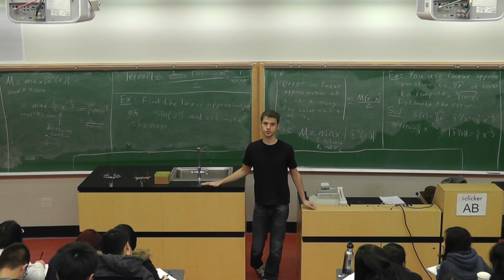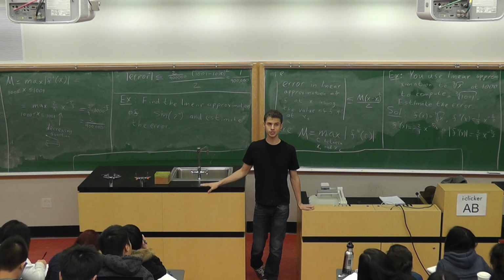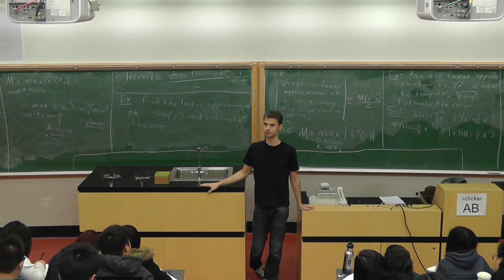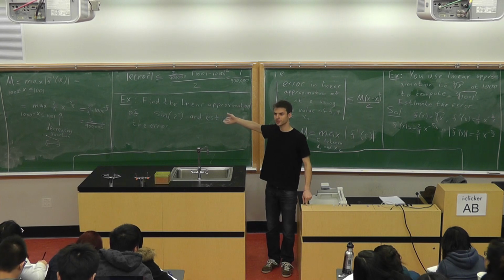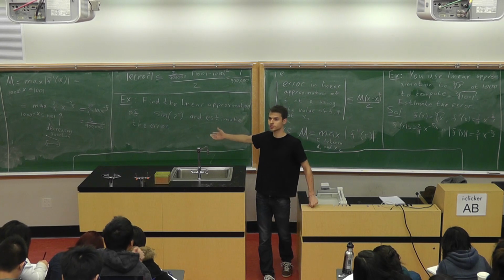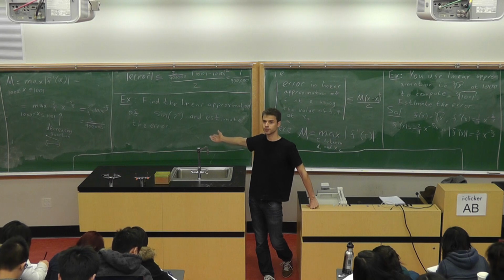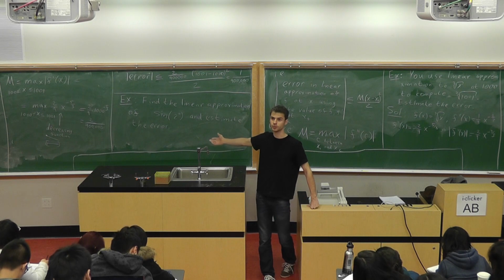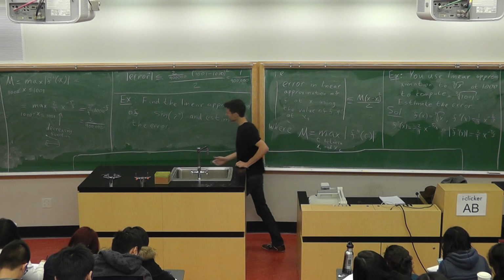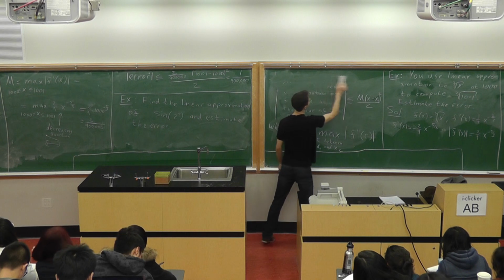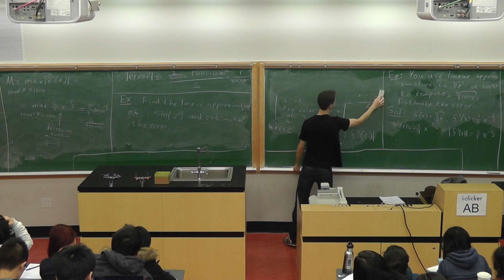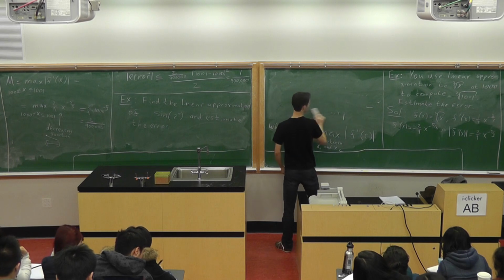Okay, so just to find the linear approximation, it's not very complicated, we know how. We know that 2 degrees is pretty close to 0, so we'll use the linear approximation at 0 as the most sensible thing.